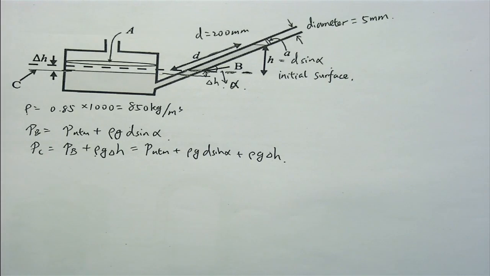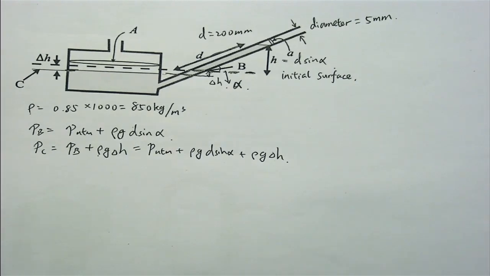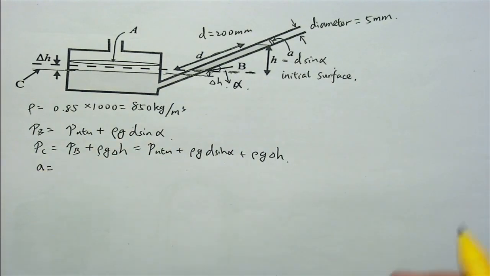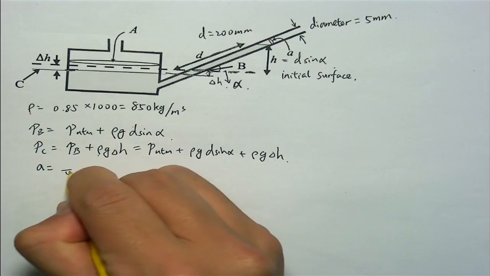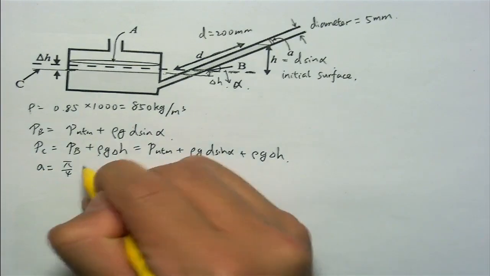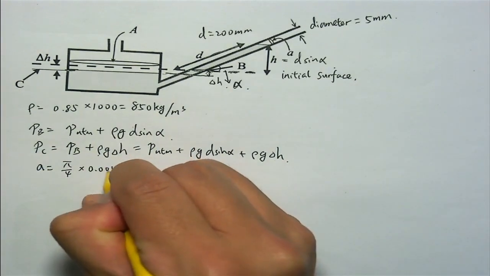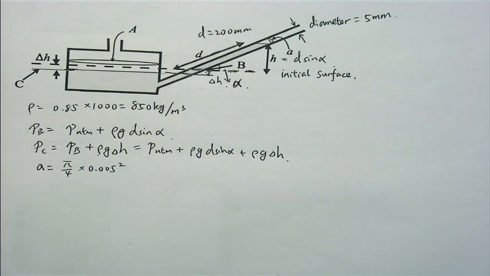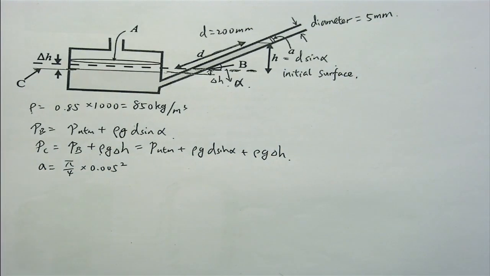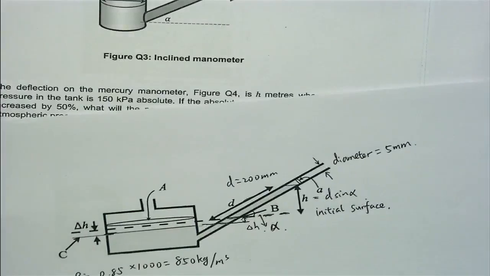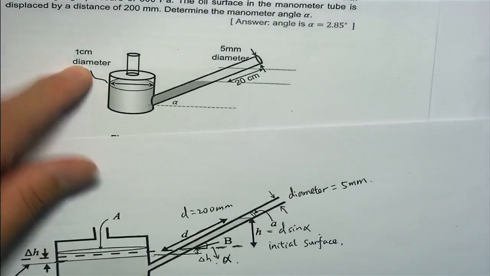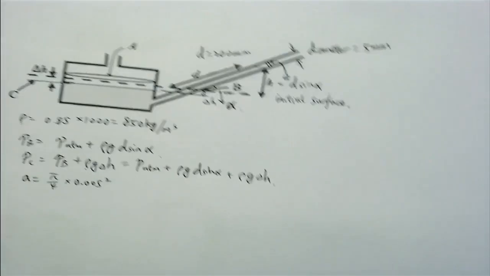So we know the cross-sectional area of the pipe is pi over 4 multiply D square, right? And also we know the diameter of the tank.